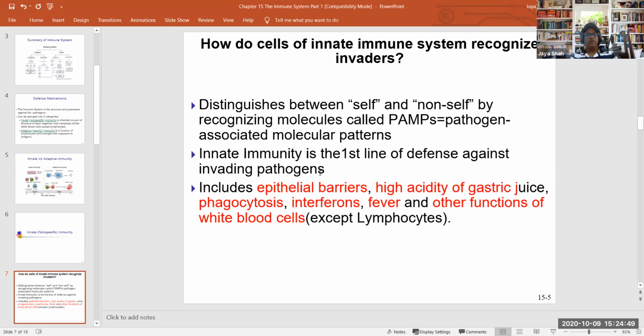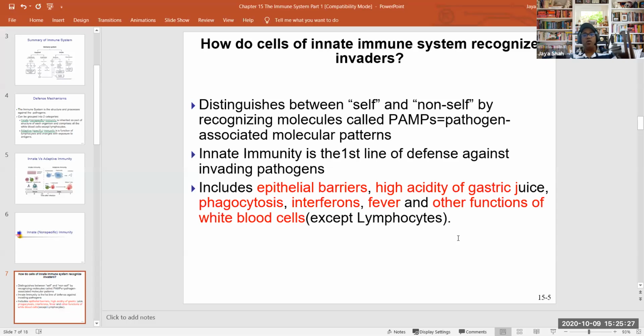And those innate immunity defenses are epithelial barriers, high acidity of your gastric juice, engulfing the microorganism, which is called phagocytosis, interferons produced by virus-infected cells, fever when there is high temperature of the body in response to pyrogen produced by your white blood cells, and other functions of white blood cells except the lymphocytes.